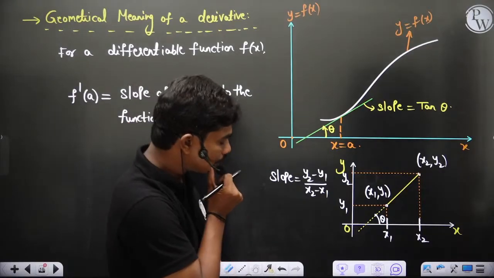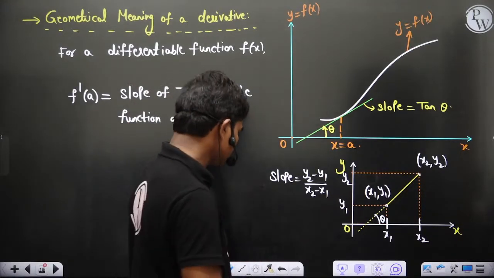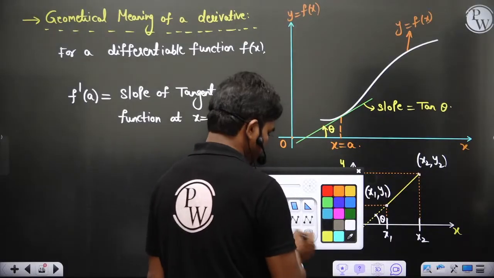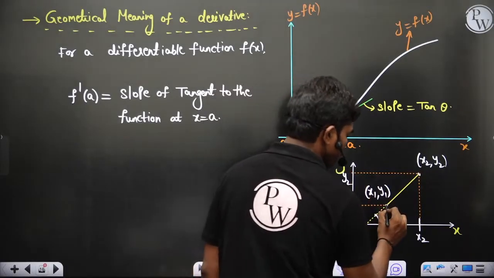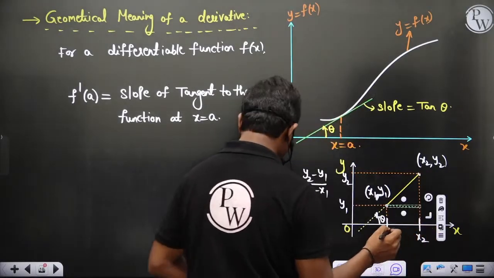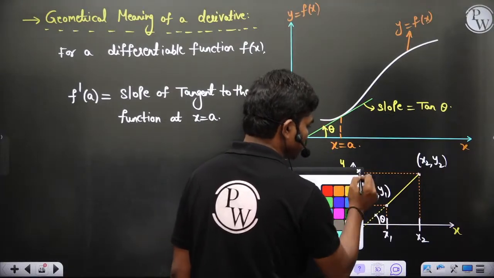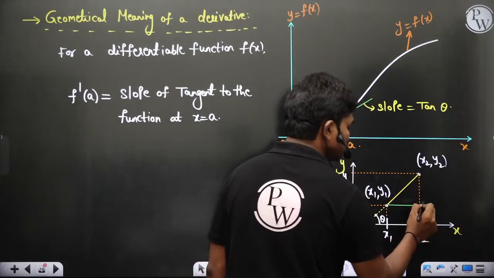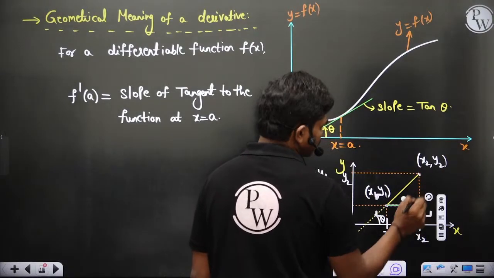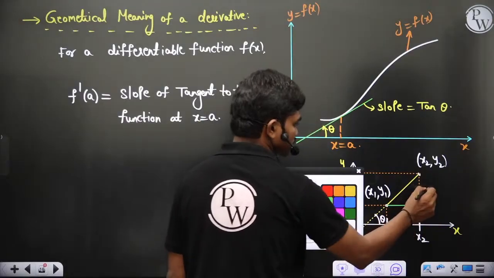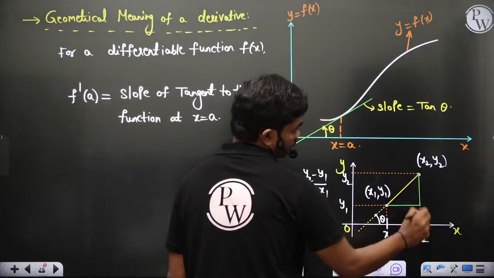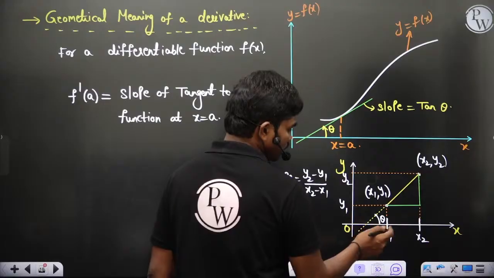Now let's observe something here. If this is a straight line, you join it solidly, and of course this is also solid. Clearly you can understand these two are parallel lines.